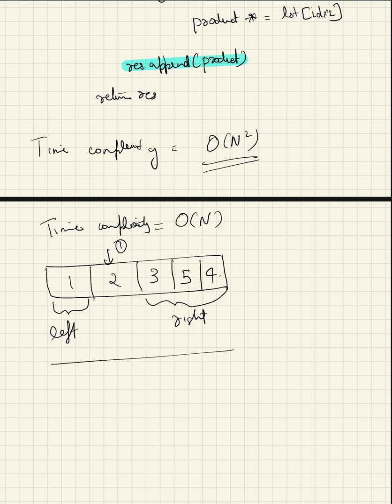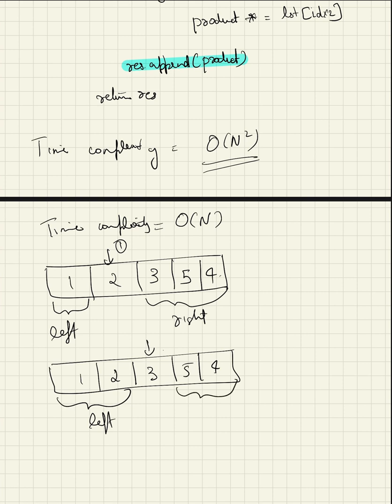Now let's move a little bit ahead and look at the next element. For this particular index, index 2, which holds element 3, the left is basically 1 and 2 and the right is basically 5 and 4.